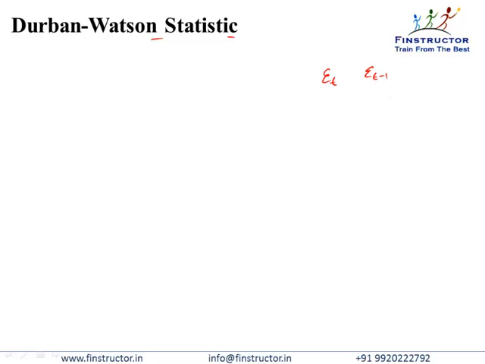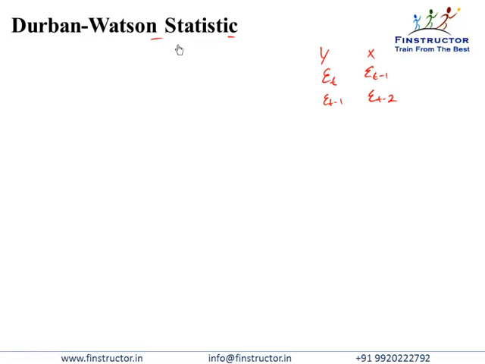So we now do a regression with the error term for this period as the dependent variable and the error term of the previous period as the independent variable. And if this regression has a very high coefficient of determination, or a very good fit, then can we conclude that the error term of this period is dependent on the error term of the previous period?